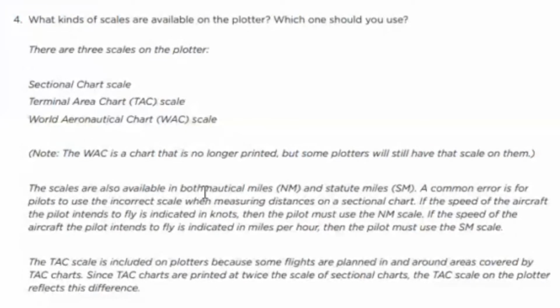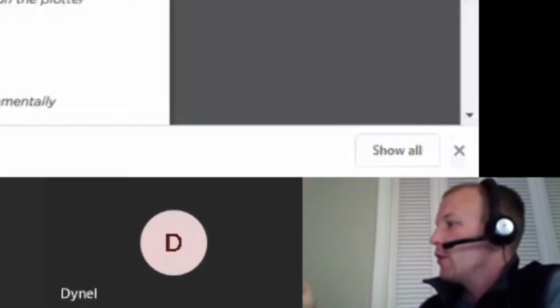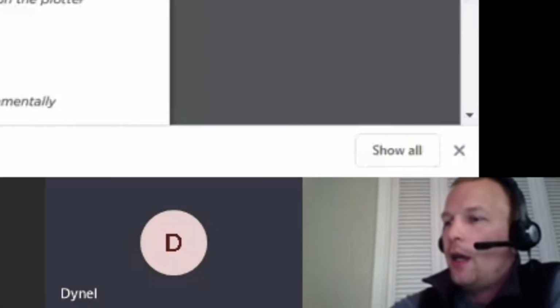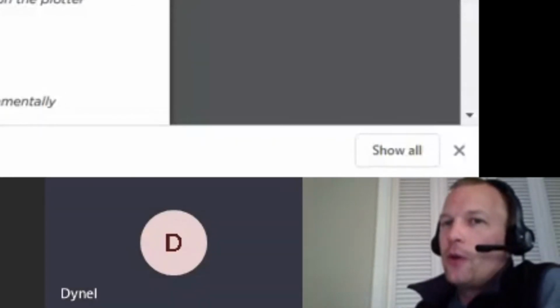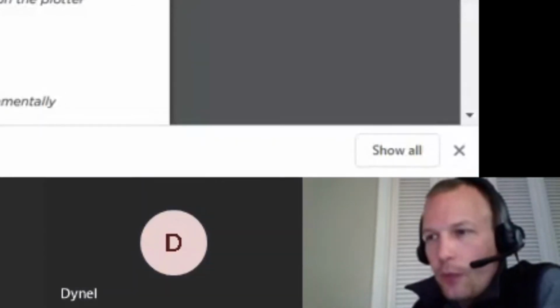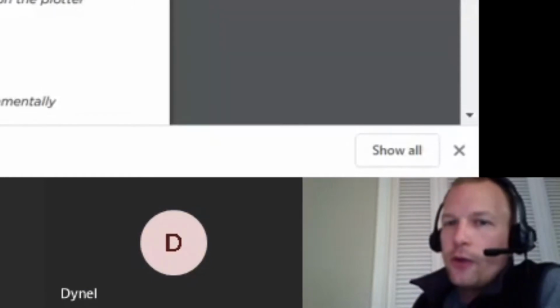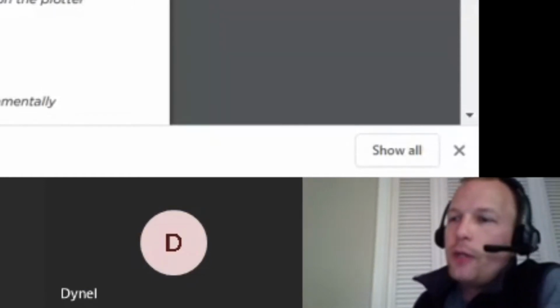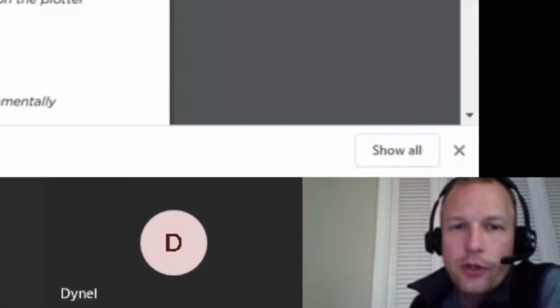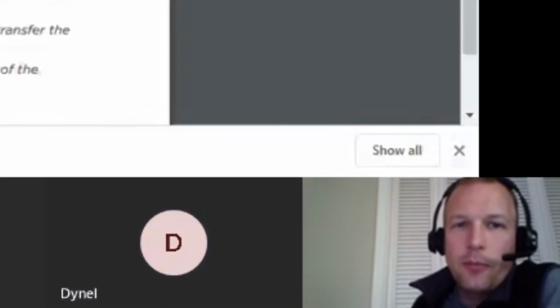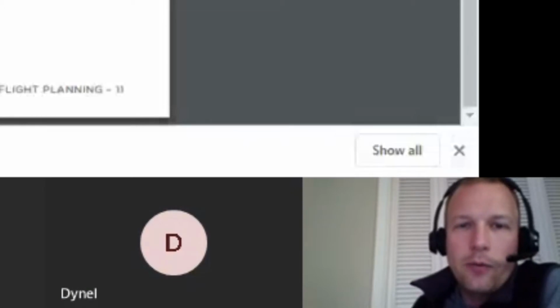Oftentimes these plotters will have statute miles on one side and nautical miles on the other. If you're doing miles per hour, you want to be using statute miles. And if you're doing knots, you want to be using the nautical mile scale. So make sure that you pay attention to that. That's why it's important to select the proper scale, or your planning would be with the incorrect distances.